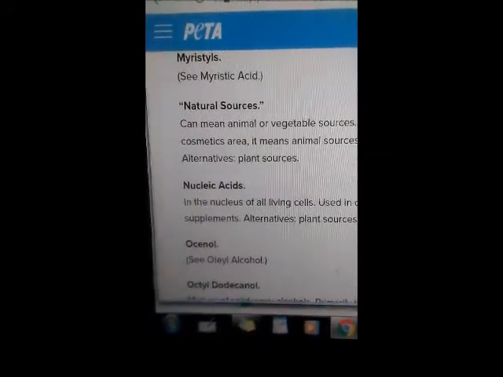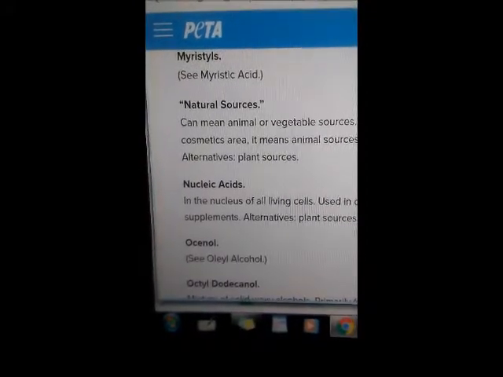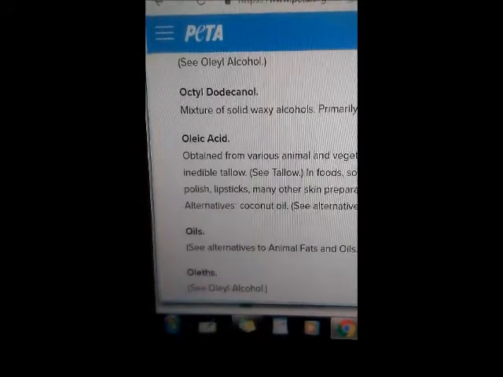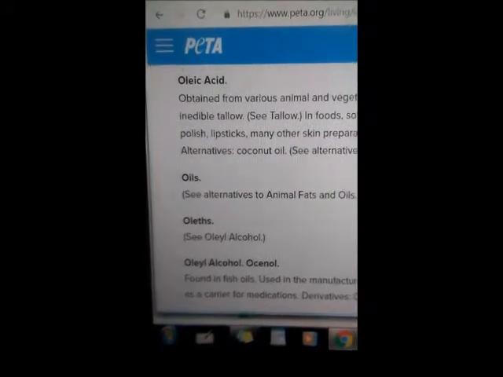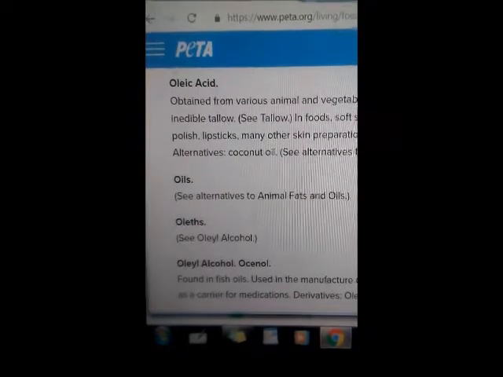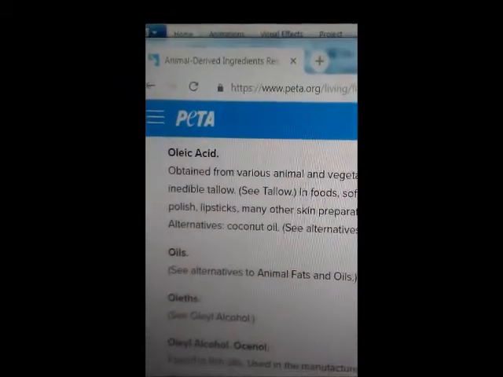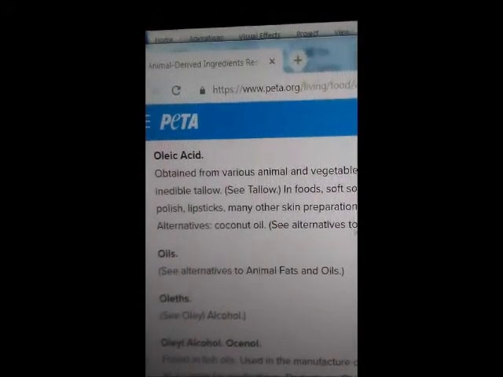So now, okay, that's natural sources. Oleic acid. It's more, but there's oleic acid. Obtained from various animal and vegetable fat and oil, so it could be either or, from animal or vegetable. Usually obtained commercially from inedible tallow. Inedible. See? Tallow. It's disgusting.